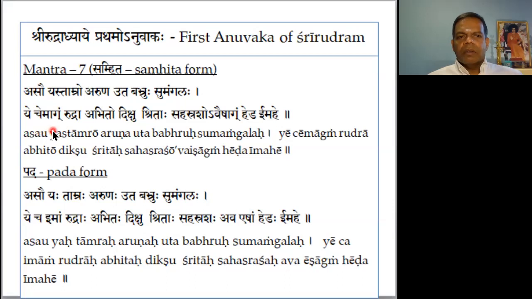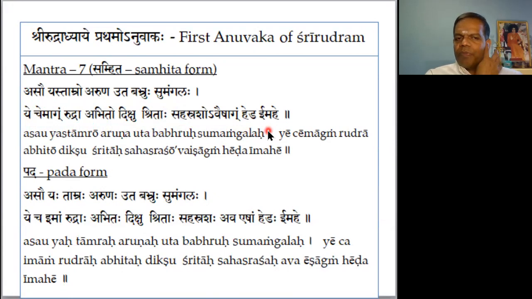Ye chemagum Rudra abhito dikshu shrita sahasra shovai shagum heda imahe.